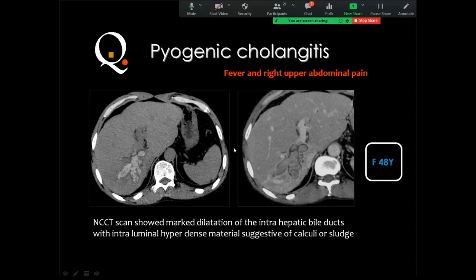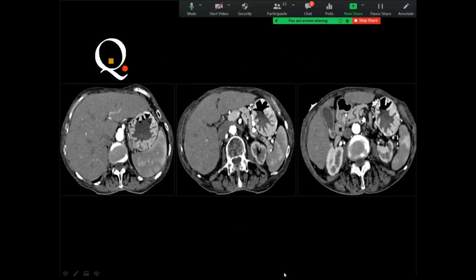Then, if you see multiple calcific shadows within the liver parenchyma conforming with some of the channels, and you think that these are portal venous radicals, you know that there is no calcium in the portal vein, but calcium may exist in the bile ducts, and this is a case of biogenic cholangitis.